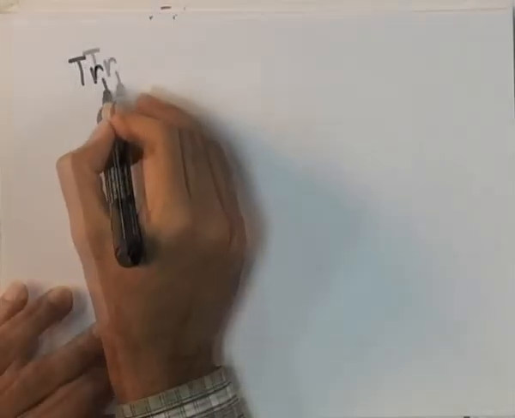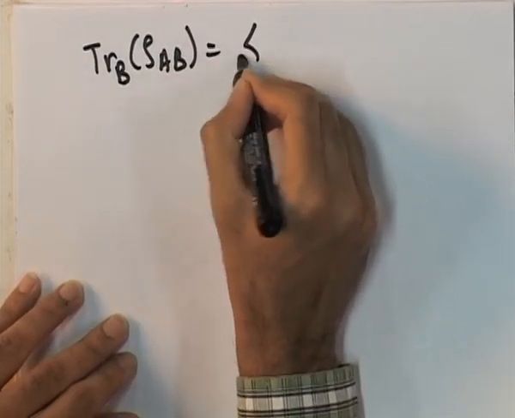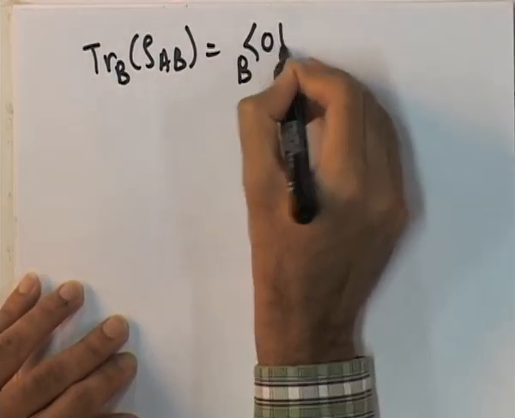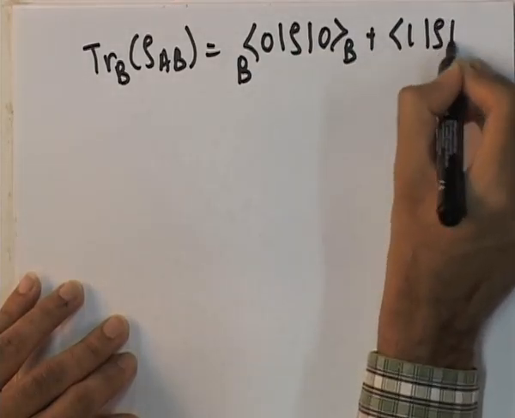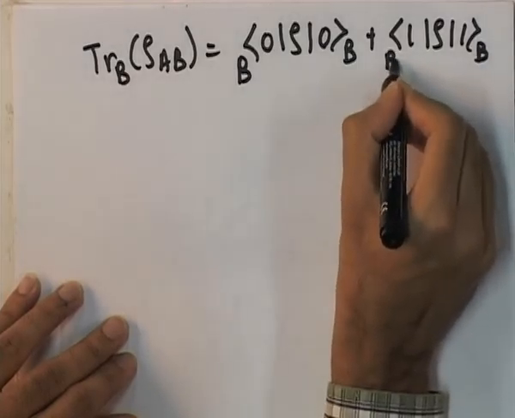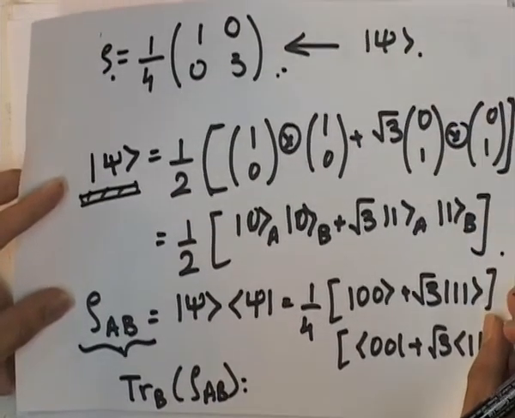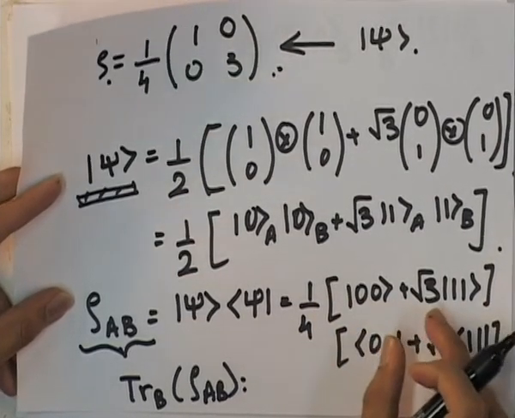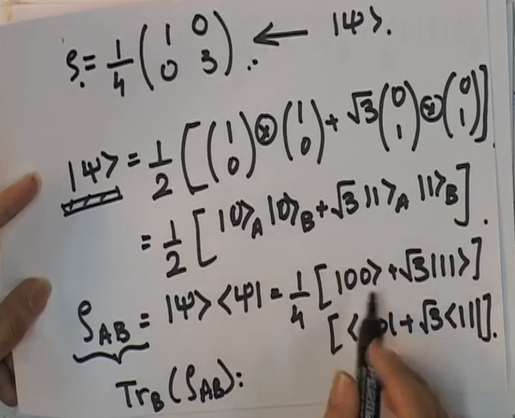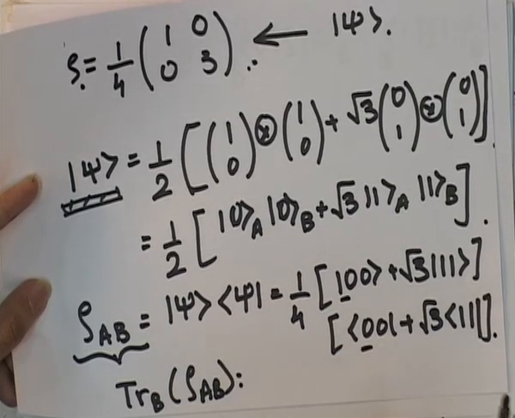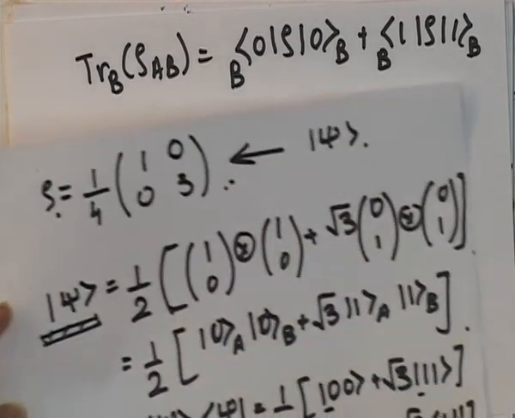Taking the trace along B, we get the product of only the matching elements.